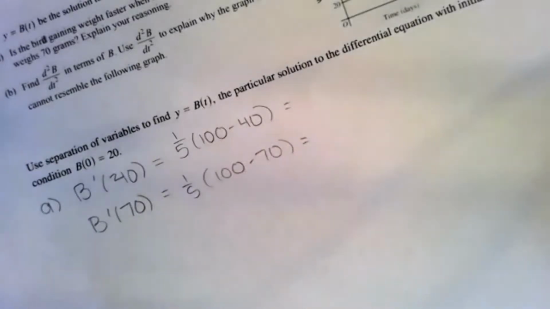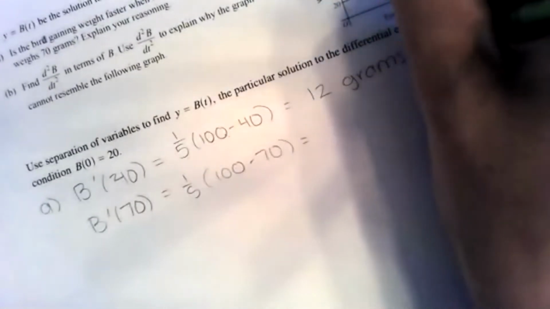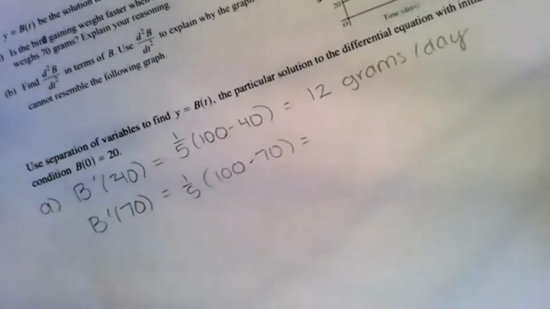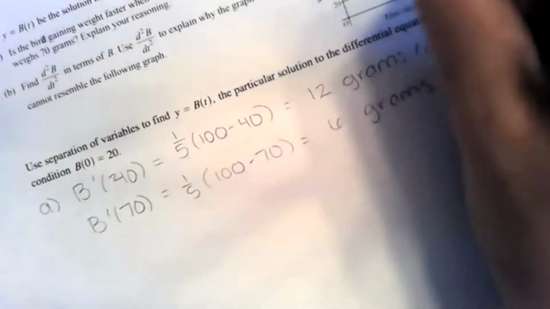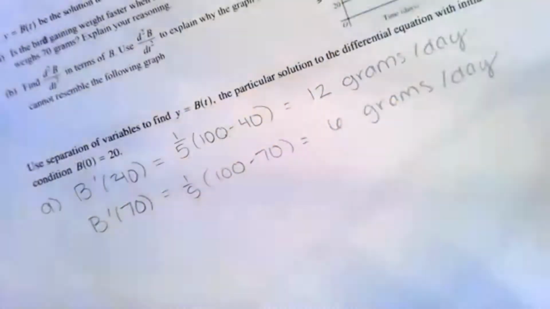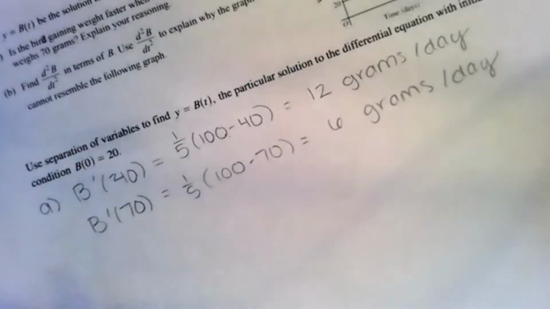Okay, so now 100 minus 40 is 60. 60 divided by 5 is 12. And again, that's grams a day. And then 100 minus 70 is 30. 30 divided by 5 is 6. So it's gaining more weight when it's little. So the question said, explain your answer.